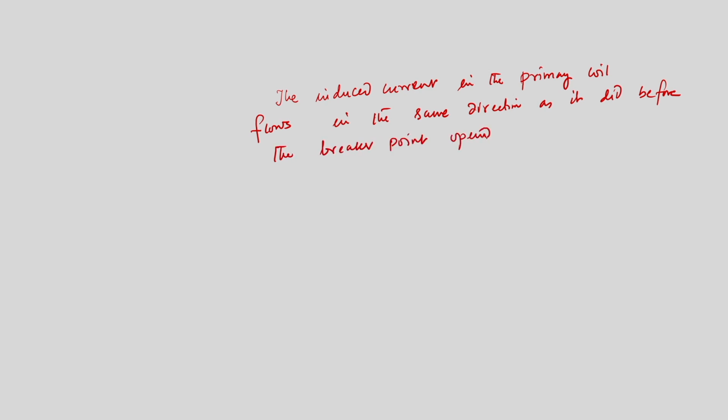But also you need to know that the induced current in the primary coil flows in the same direction as it did before the breaker points opened, and charges the condenser.